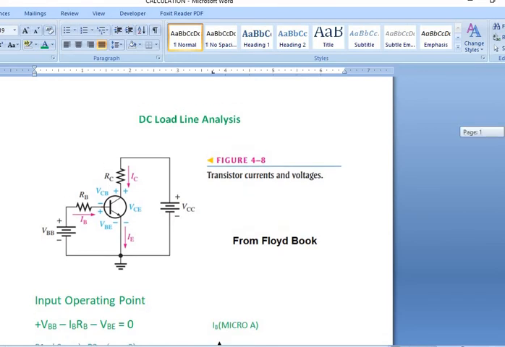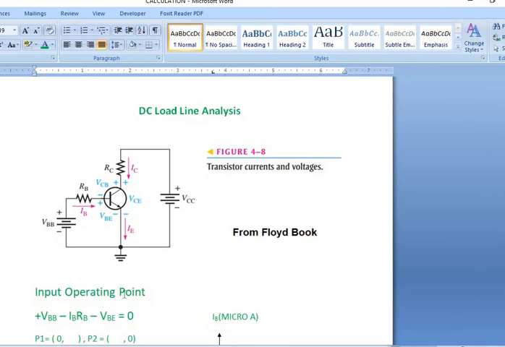Again, we can say that we are having two different parameters, P1 and P2. Obviously, in this graph, we need some x points and y points. So in the first case, the x is 0 and we have to find the y coordinate.